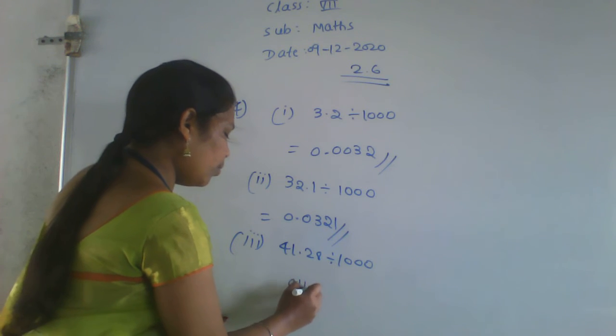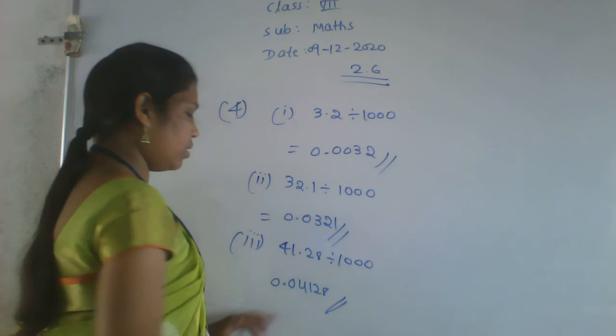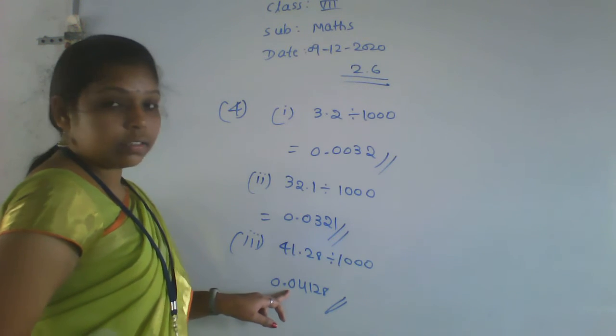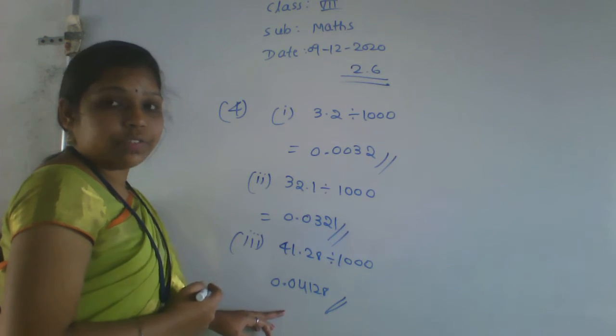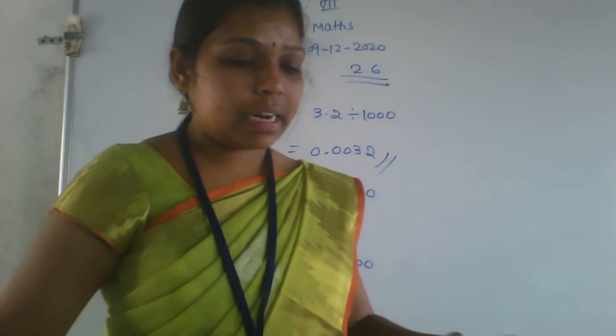So here, 0.04128. 1, 2, 3. Like this we have to shift here. Another three problems, do it yourself. Fourth main also completed.